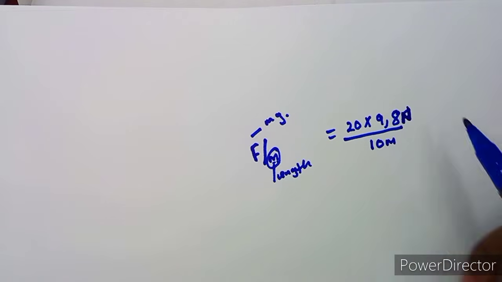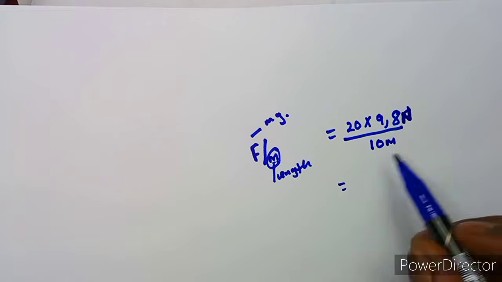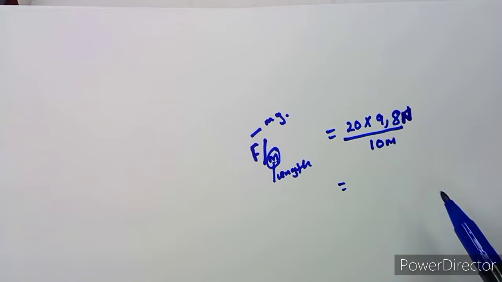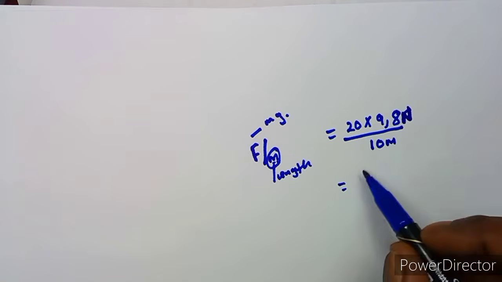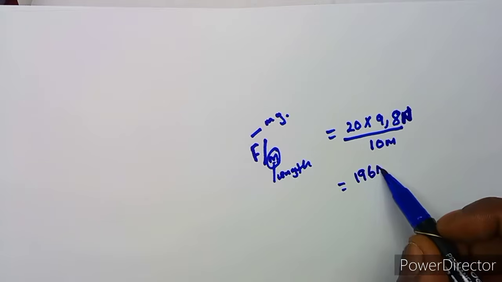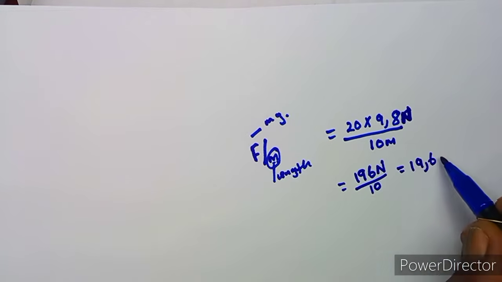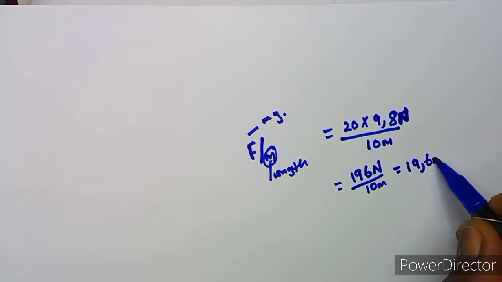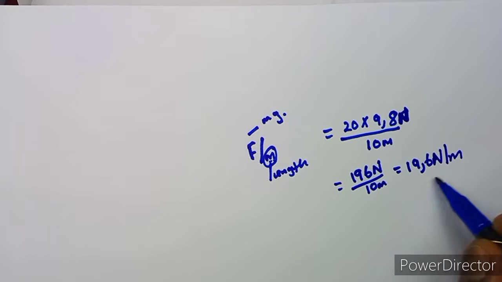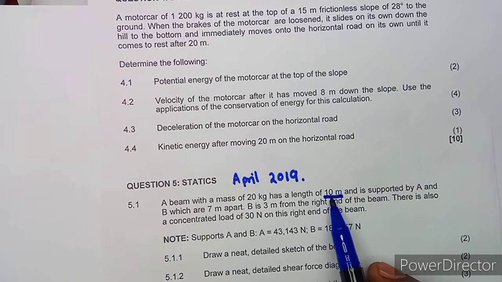If we divide this, we get 196 Newton over 10, which gives us 19,6 Newton per meter. So this is distributed over 10 meters.